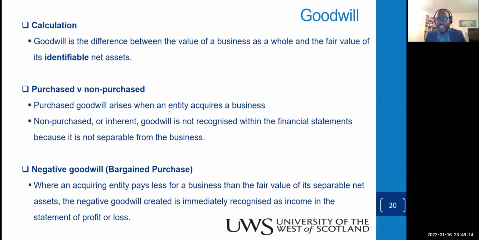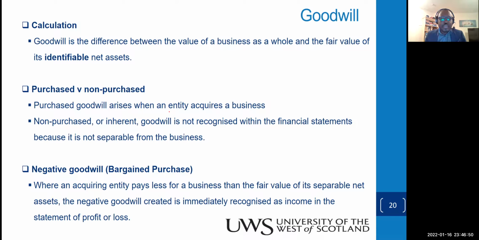For example, if Amazon and its identifiable net assets is worth $100 billion, and I go in to pay $110 billion to acquire Amazon, the extra 10 billion that I have paid in excess of the fair value of its total accumulated net assets is what we call goodwill. So you are paying more than the fair value. It's goodwill.